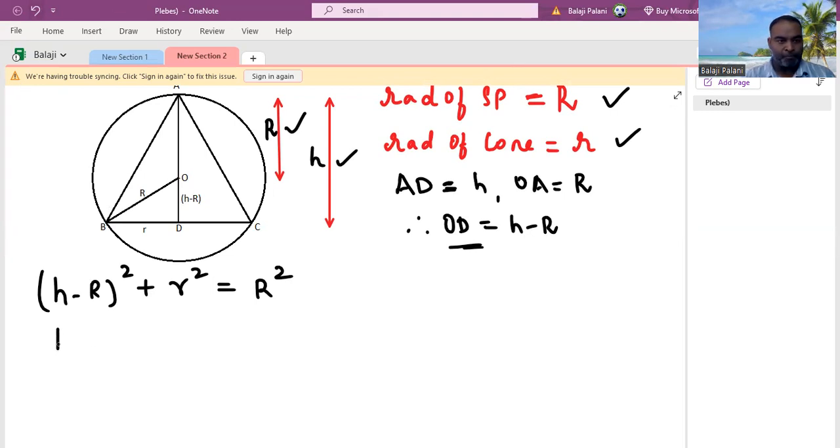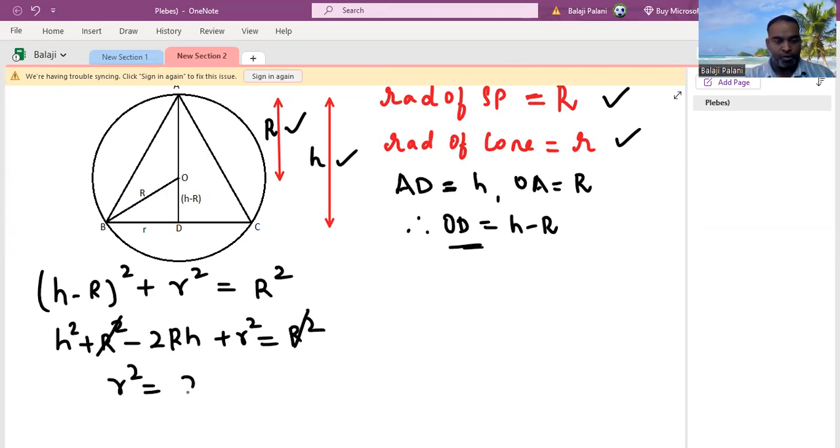Let me expand this: H square plus R square minus 2RH plus r square is equal to capital R square. So the R square is getting cancelled. So I have r square is equal to 2RH minus H square, transposing the other two values to the right.